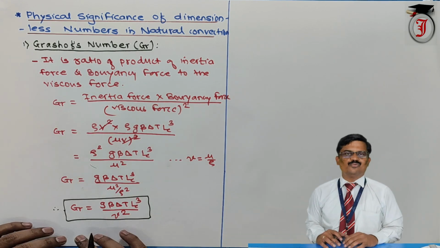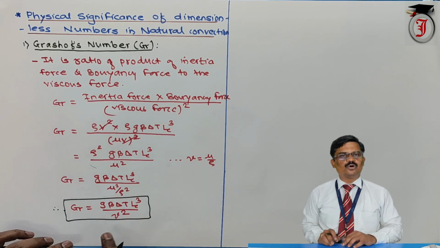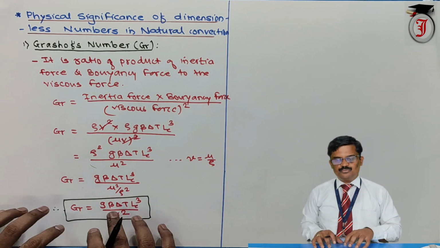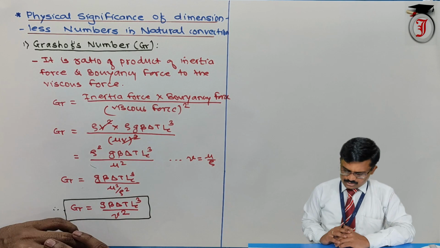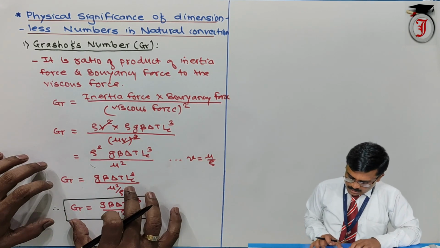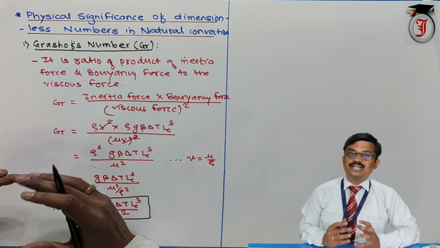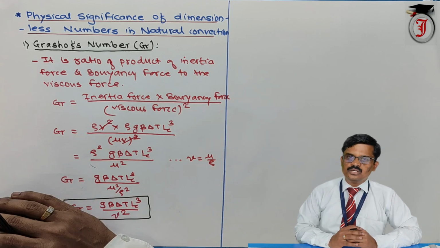Or we can determine the value of Grashof number by g beta delta T LC cube upon nu square. So this explains the formula; now let us discuss the physical significance of this Grashof number. This Grashof number plays the role of Reynolds number, which we already studied in forced convection.